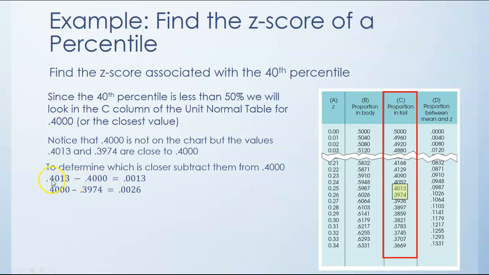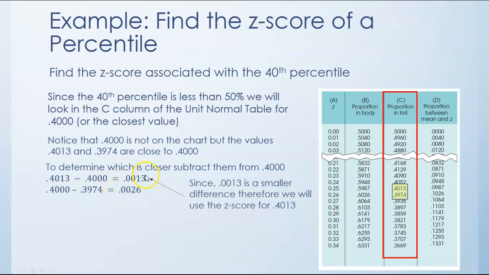When I did my subtraction, you notice for the first one I put the 0.4013 first because it's larger than my 40th percentile. It doesn't really matter what order; you're not really concerned about the sign of these. You're just concerned about which one actually is closer. So we get 0.0013 for this one, and when we do the same thing for the 0.3974, we get 0.0026.